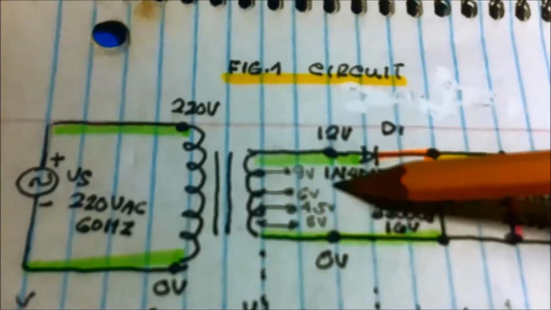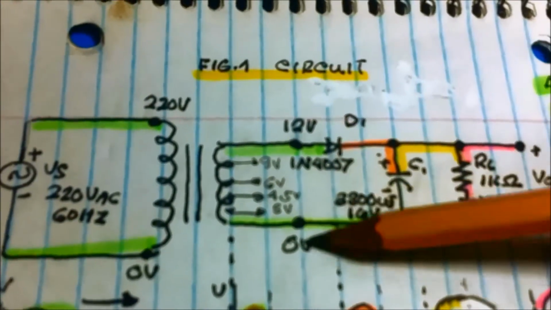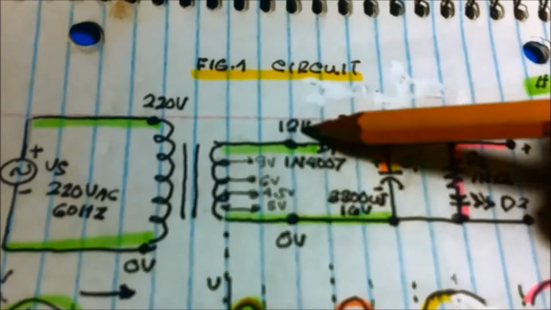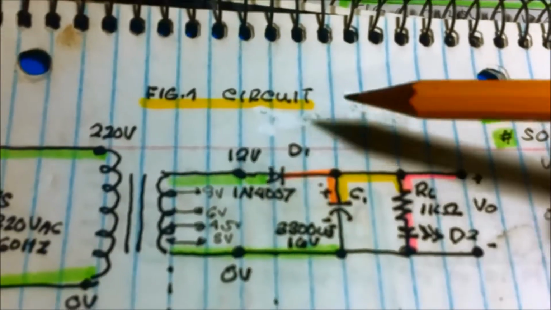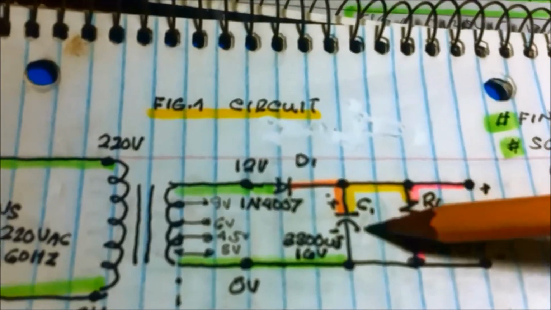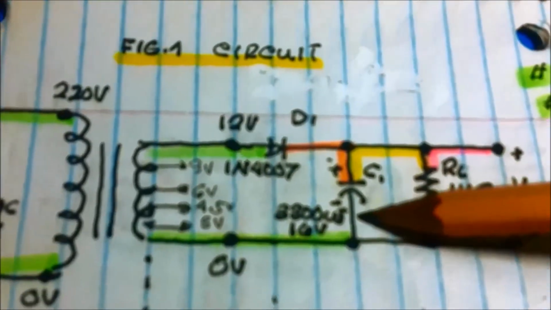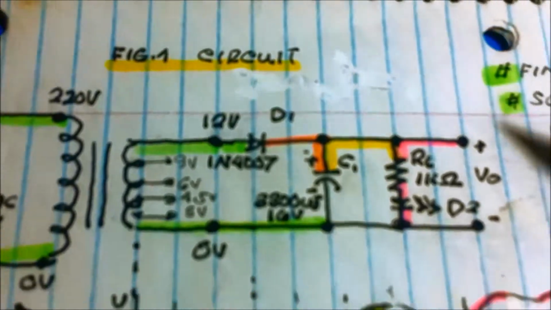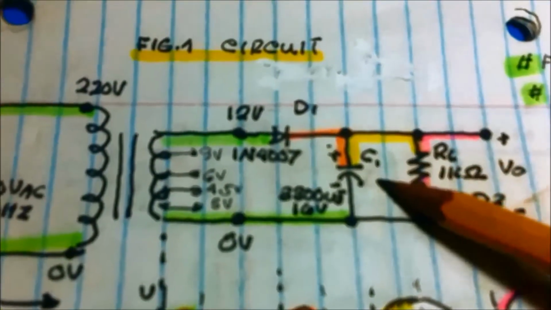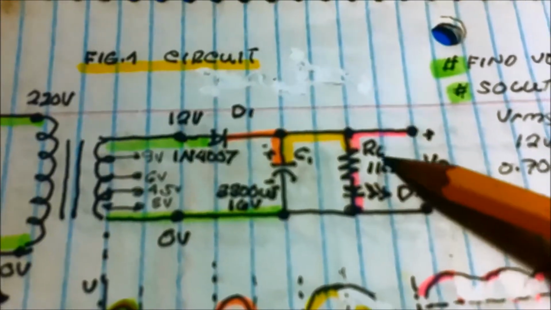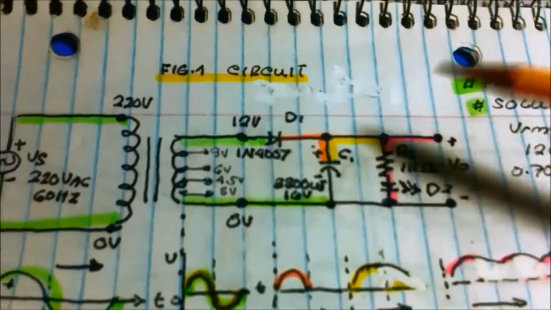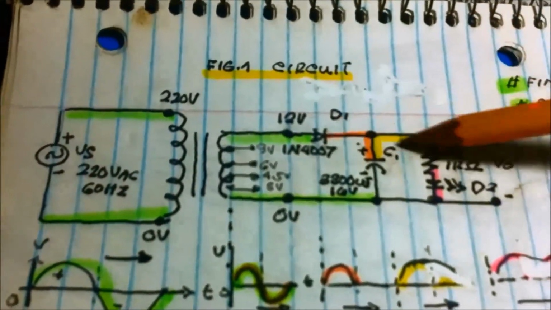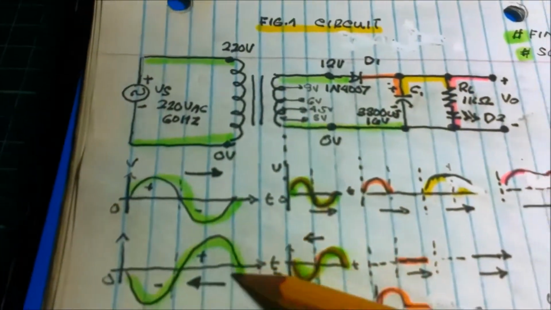For the secondary, I'm using a multiple output transformer, but we're going to use the 12 volts terminal, 0 to 12. Then instead of just adding the diode, I add another component, and that is the capacitor. I'm using the capacitor here, and then the load.